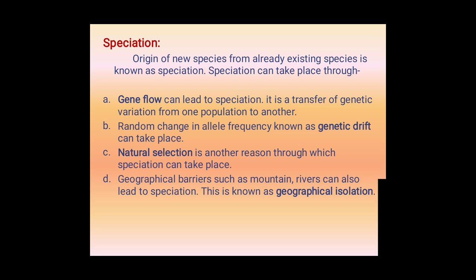That also leads to the formation of new characters. Some particular organisms move from one place to another for particular reproductive methods. Through this reproduction we can also explain the origin of new species. This is known as geographical isolation.